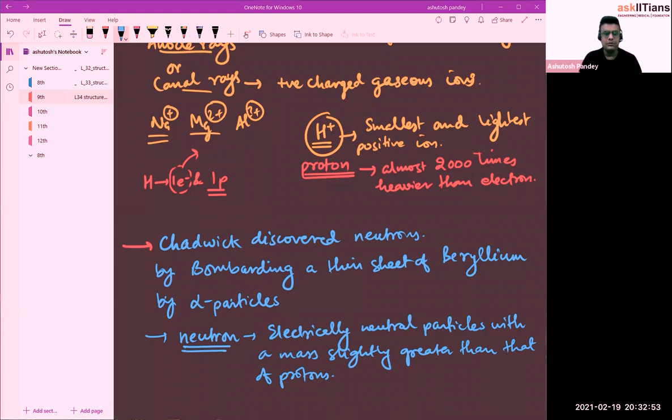Now I'm going to write all the properties of these particles in a table form.